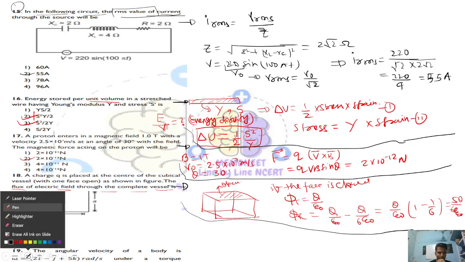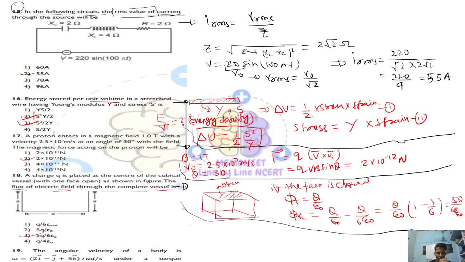Okay, omega is given. Omega of the body is given as 2i cap minus j cap plus 5k cap. Under a torque, let's see the torque.